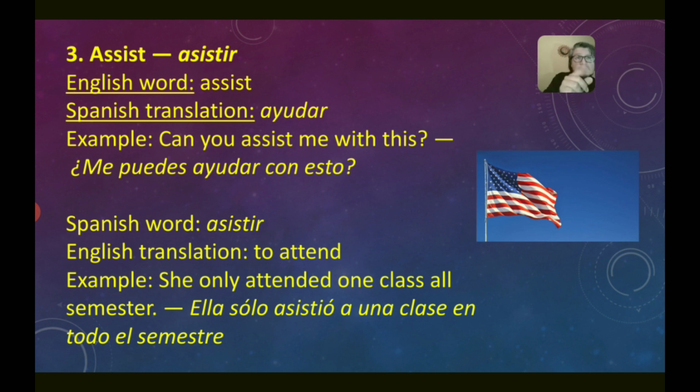As you can see here, assist is ayudar, help. When you go to classes, you attend classes. Attend. Okay? Not assist. Assist is to help. So, assist, help; asistir in Spanish, to attend. Okay? Perfect. Let's go to the next one.